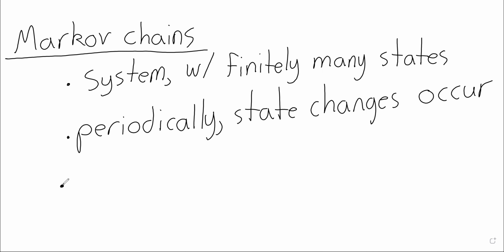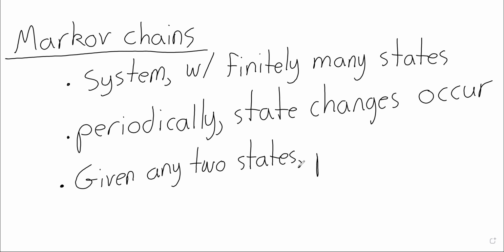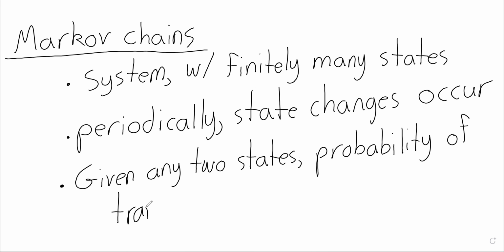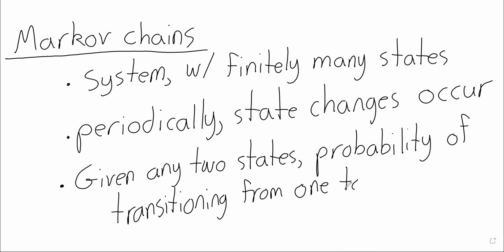And the last condition, what makes a process a Markov process, is given any two states, the probability of transitioning from one to another is fixed.